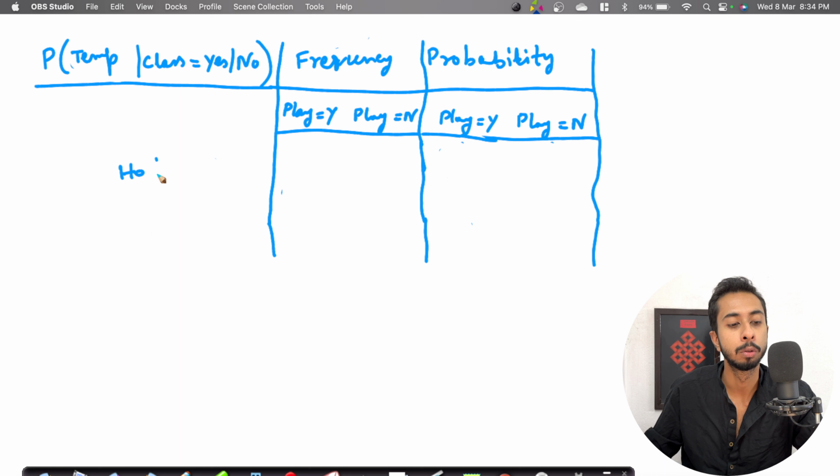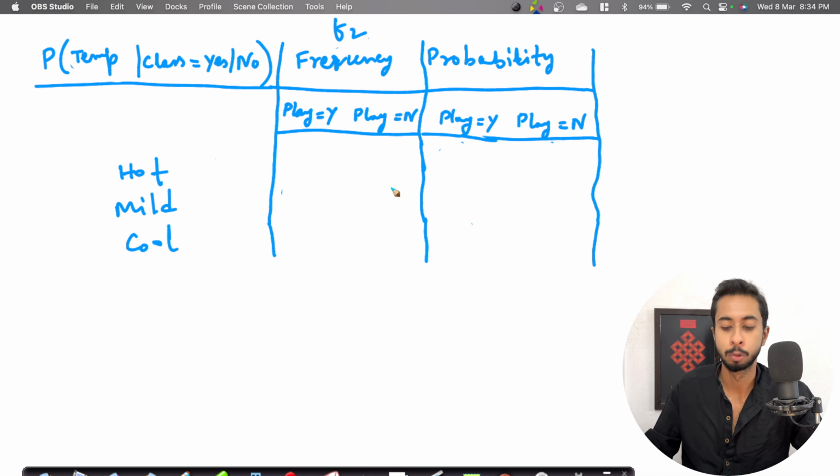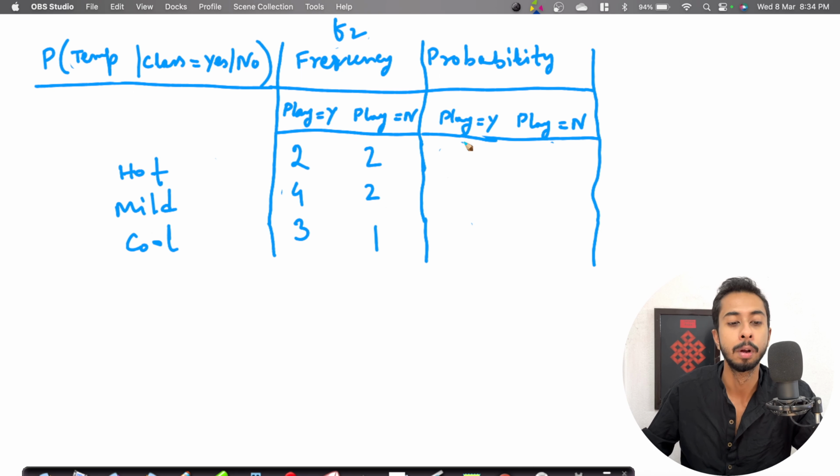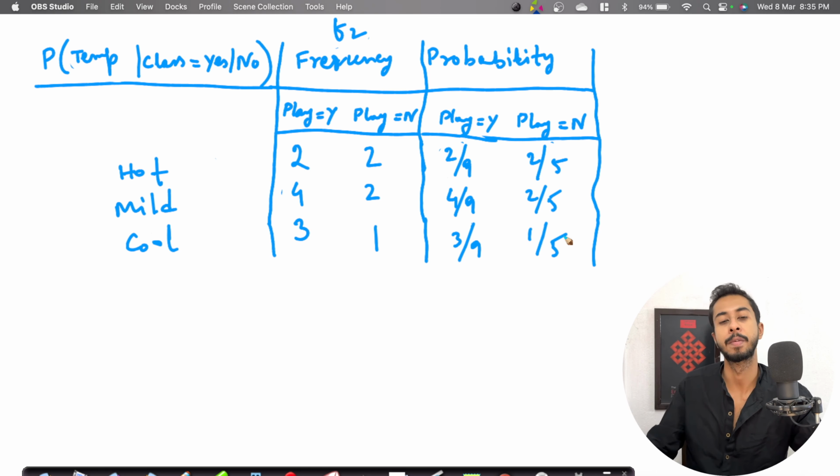Hot, mild and cool. Okay, and this is F2 now. What are the values? It will be 2, 4, 3. I'm just copying the values so that there is no mistake. You can check it. Okay, so this is 2 by 9, this is 2 by 5, this is 4 by 9, this is 2 by 5, this is 3 by 9, and this is 1 by 5.